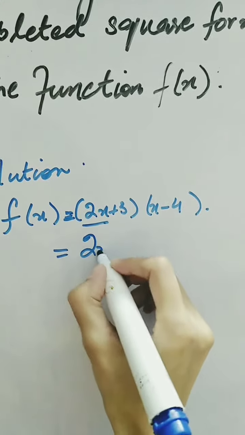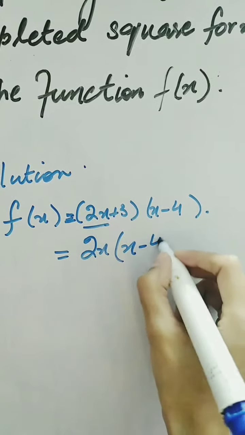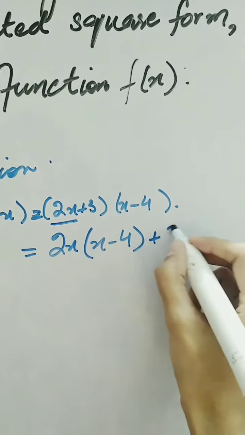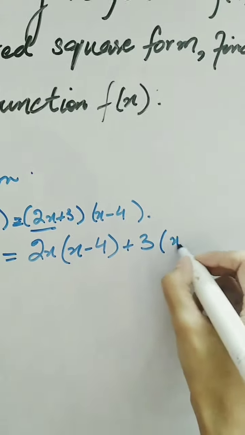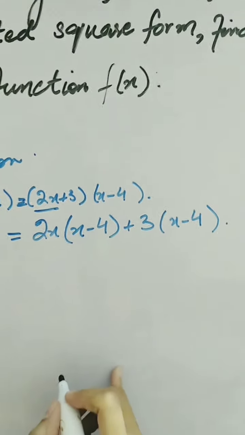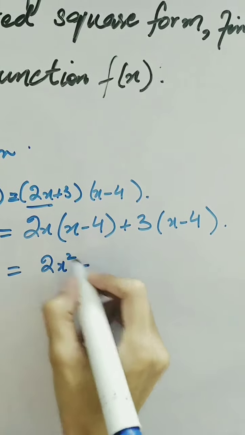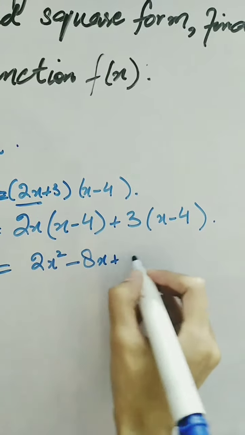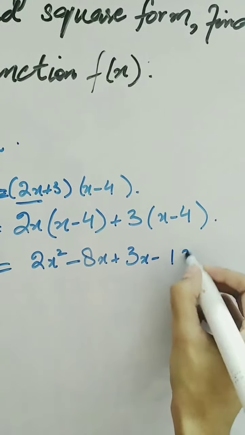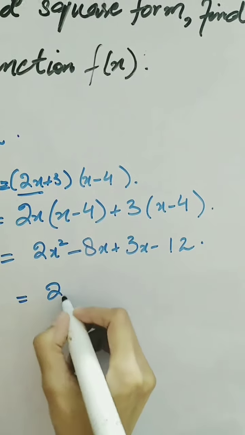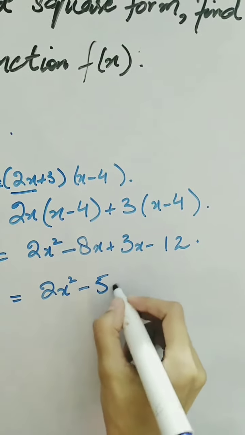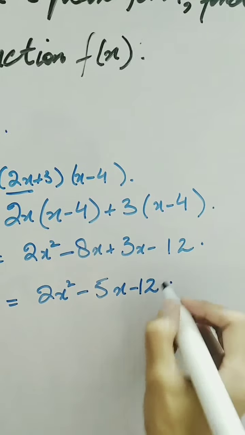The factor 2x multiplies with the bracket x − 4, and the term 3 multiplies with the bracket x − 4. Now we have 2x² − 8x + 3x − 12, so we have 2x² − 5x − 12.